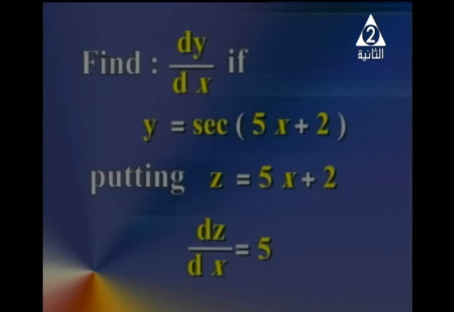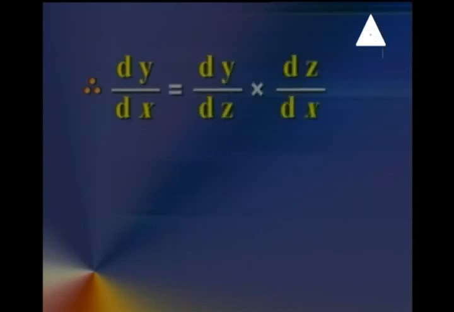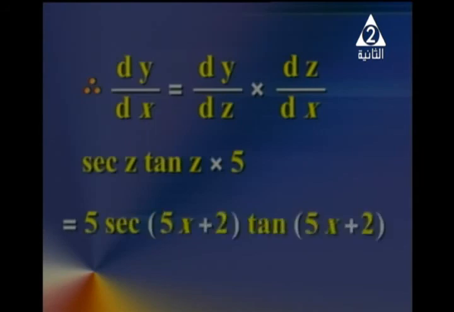Then when we find y equals sec bracket contains 5x plus 2, we put z equals 5x plus 2. After that, we find dz over dx equals 5 only. After that, we deduce y equals sec z, and dy by dz equals sec z tan z. Therefore, dy over dx equals dy over dz times dz over dx. Remember, sec z tan z times 5 equals 5 sec z tan z.